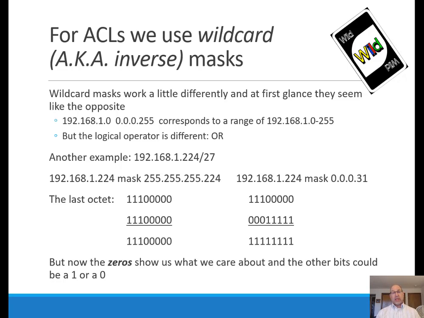Where before we said network masks give us ones to indicate what we care about, now we're going to use zeros. And so that means that where the ones are, it doesn't matter what you put in there. Because if it's a 0 or a 1, I'm going to give you the same exact result. It just doesn't matter. Okay, so the zeros show us what we want, and the other bits, the bits that have ones underneath them, can be a 0 or a 1.